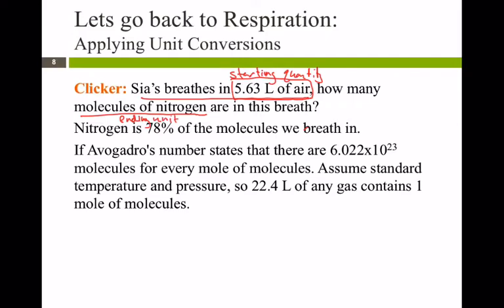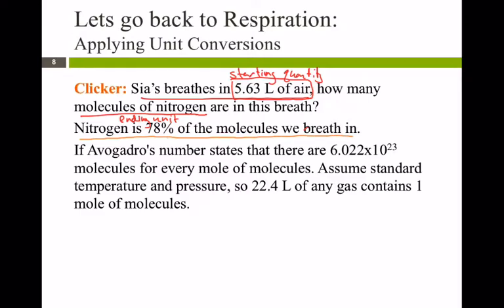But then we need to have some conversion factors, right? We need to somehow go from liters of air to molecules of nitrogen. There's a lot of steps there. So let's look below, and let's try to figure out what all the conversion factors are that are hidden in this text. One of the most challenging ones is actually this first one. Nitrogen is 78% of the molecules we breathe in.